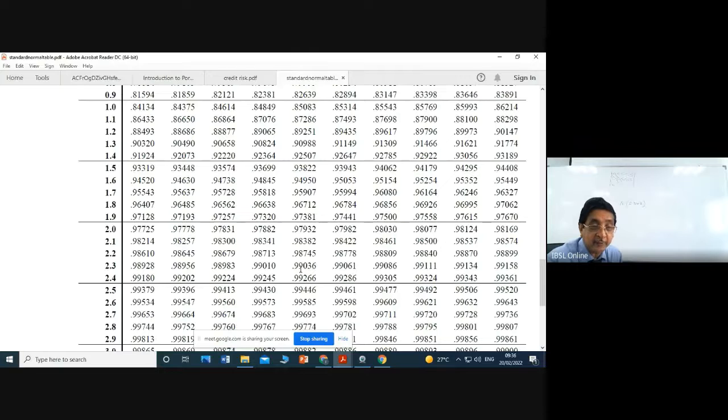Can you get the value for 2.348? Now do this exercise.